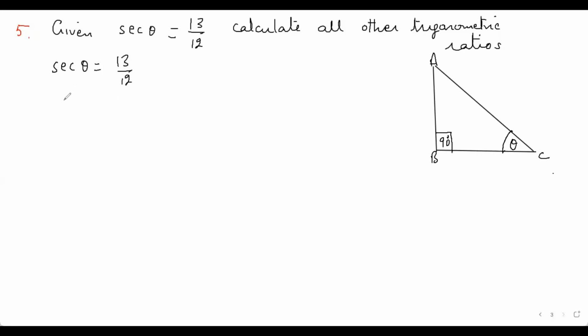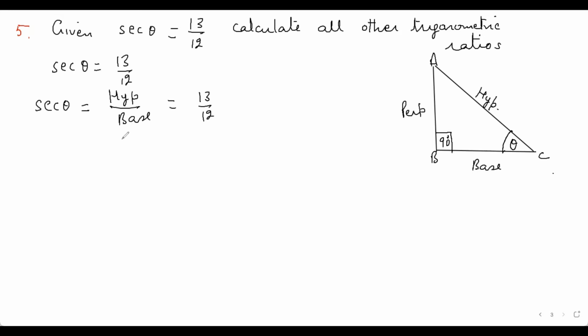Now if this angle is theta, this is base and this is perpendicular and this is hypotenuse. Now sec theta is hypotenuse upon base. That is equal to 13 by 12.